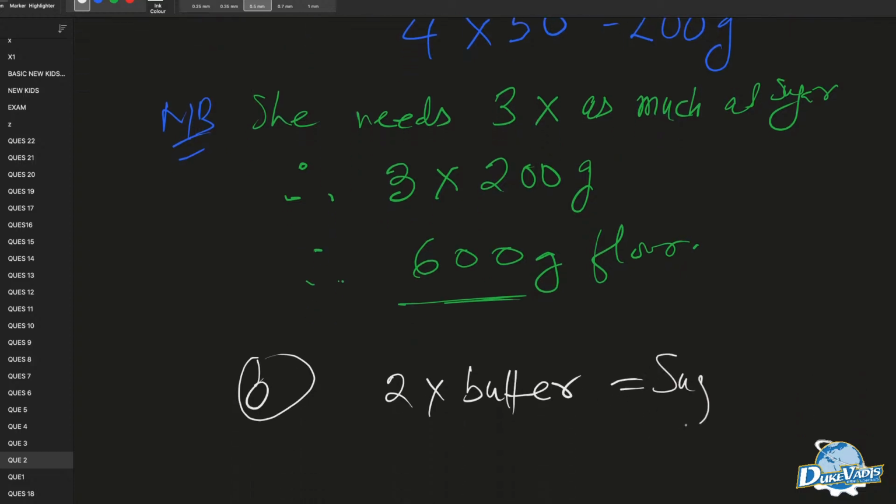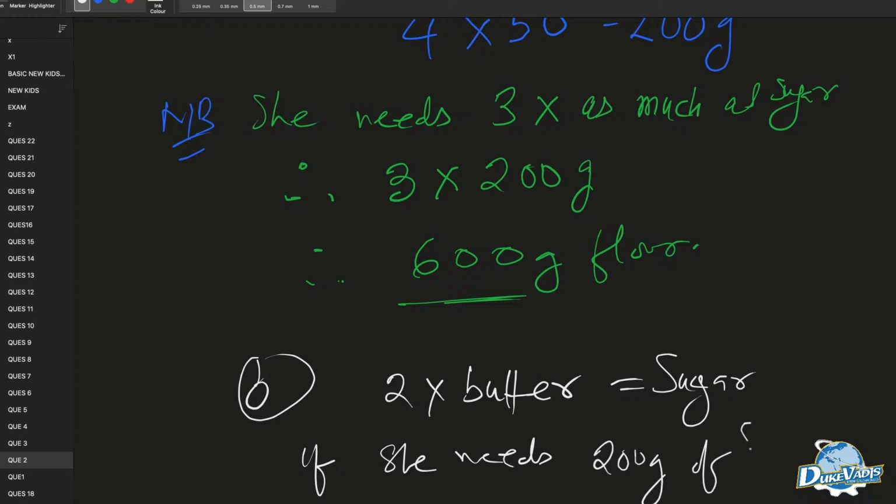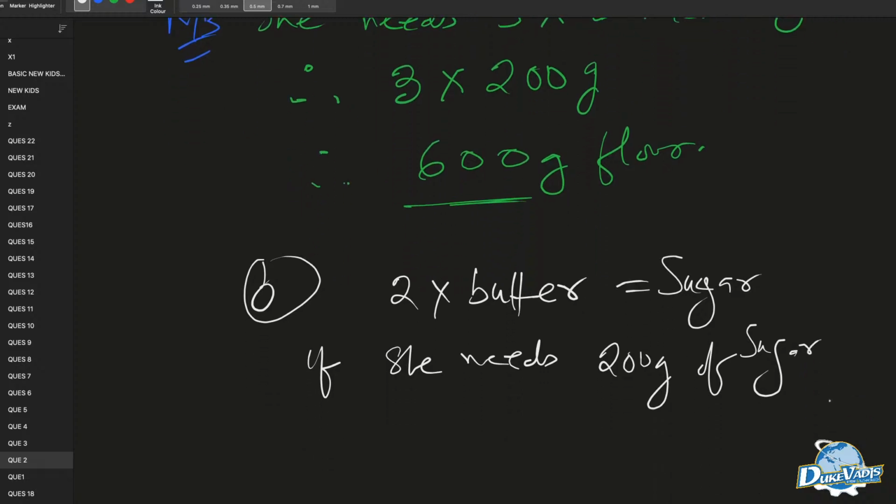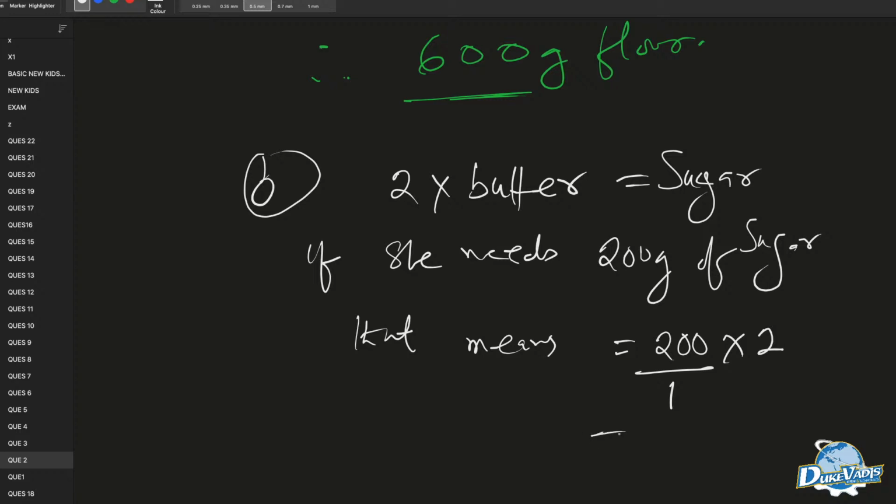So if she needs, let's say, 200 grams of sugar, that means we need 200 grams multiplied by 2, divided by 1, and that will give us 400 grams.